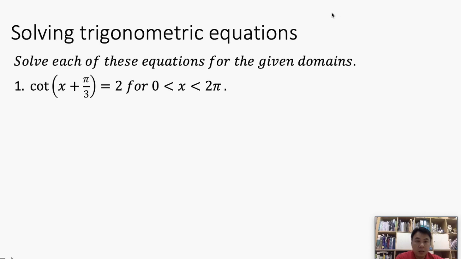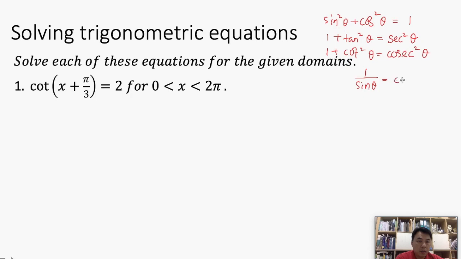Okay, in this case, we have sine squared plus cos squared theta equal to 1, plus tangent squared theta equal to secant squared. We have 1 plus cotangent squared theta equal to cosecant squared theta, and then don't forget the reciprocal of sine is cosecant.